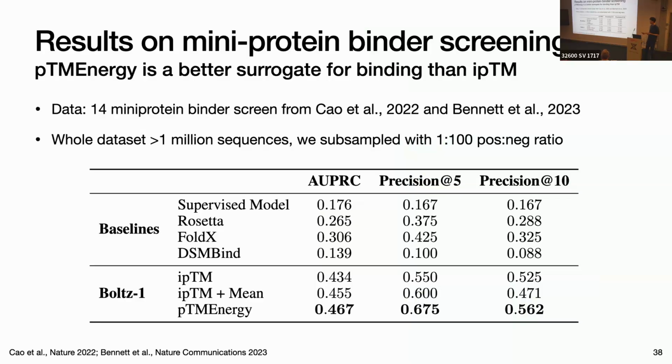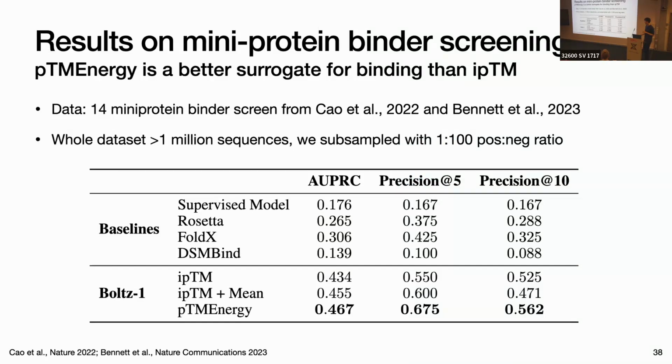They ran yeast display systems to screen different designs, and accumulated over 1 million sequences, a lot of them non-binders. So we subsampled the data set to a 1 to 100 positive to negative ratio, and evaluated the ability of different scoring models.